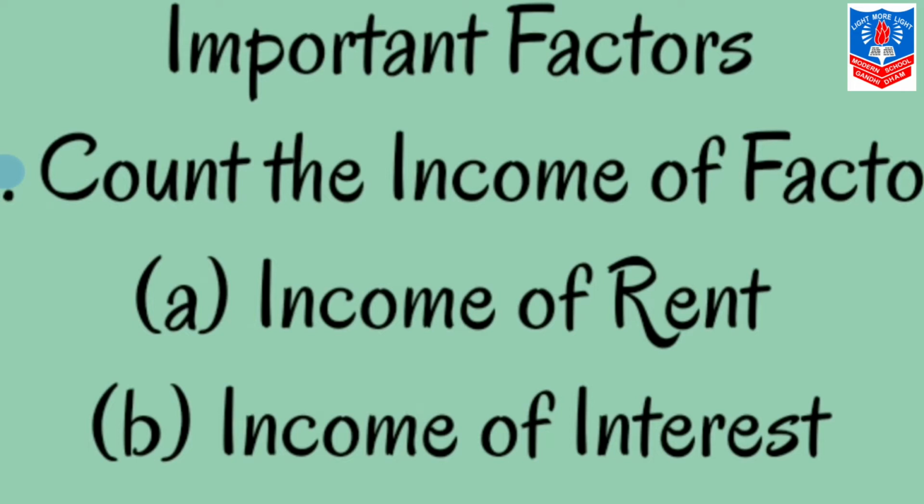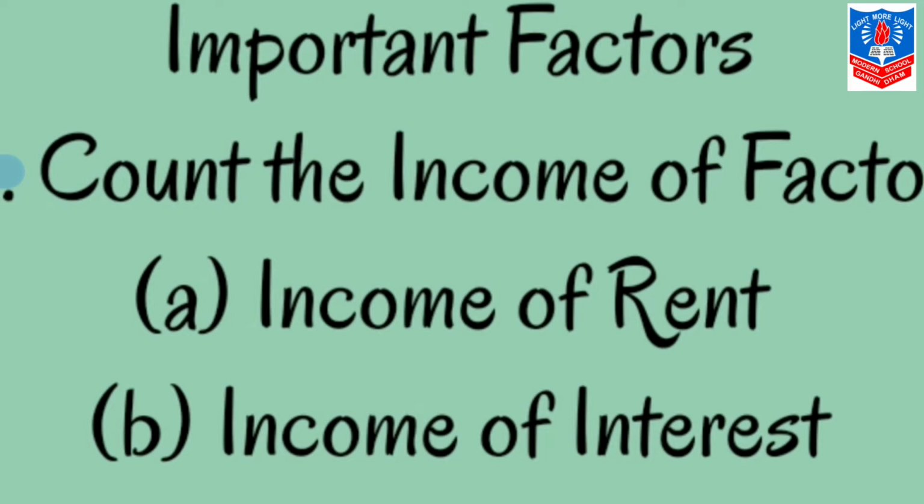Those who live in their own house do not need to pay rent. So this benefit of rent that they get is a part of their income, which is called imputed rent, which is even considered in national income.